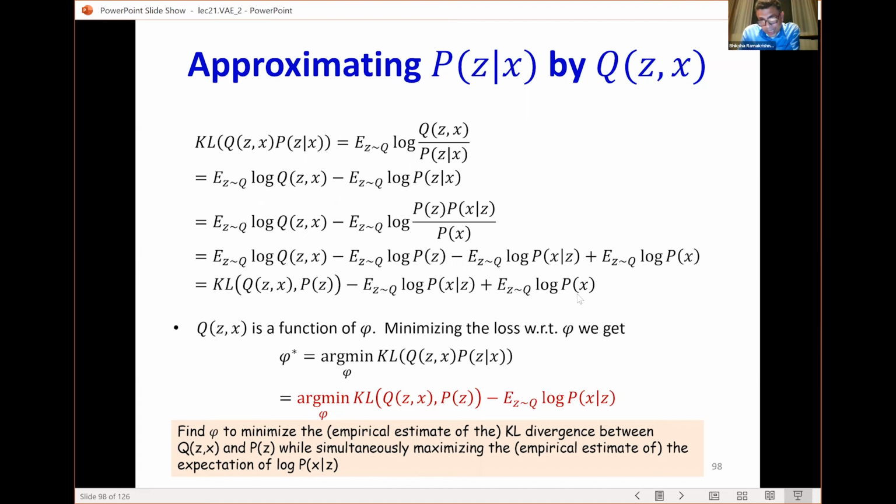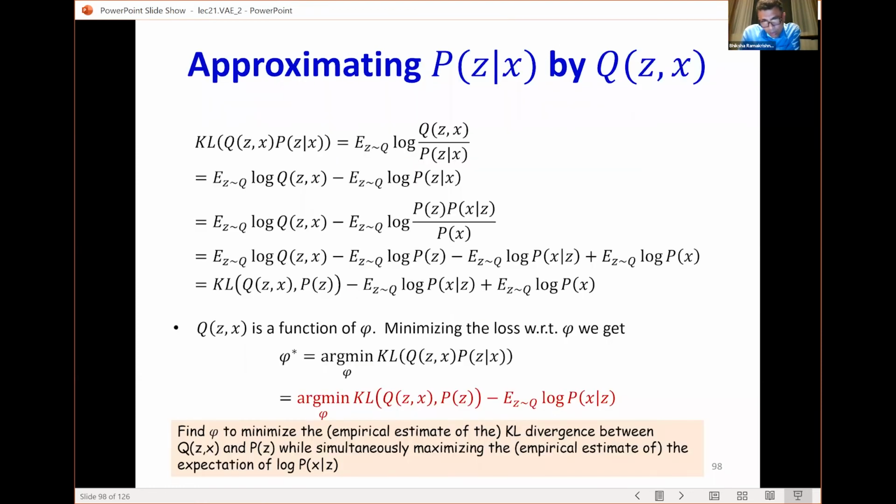So the expectation over z doesn't change this. Modifying phi will not change this term at all, so we can ignore it in the minimization. So basically all we want to minimize is the KL divergence between Q and the prior distribution P of z, minus the expectation over z drawn from Q of the log of P of x given z.